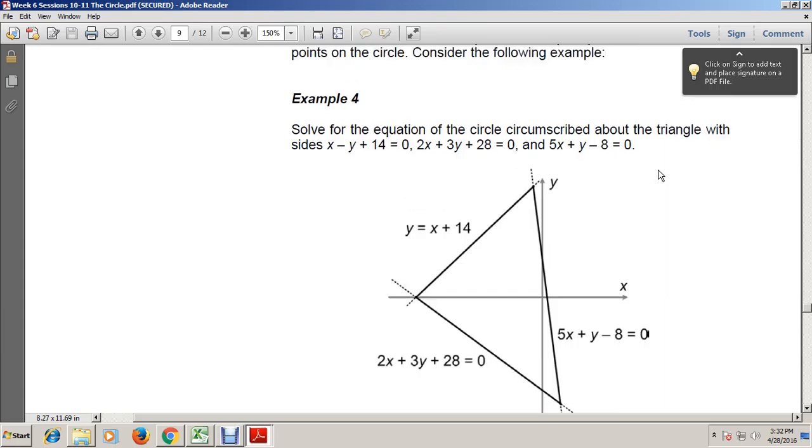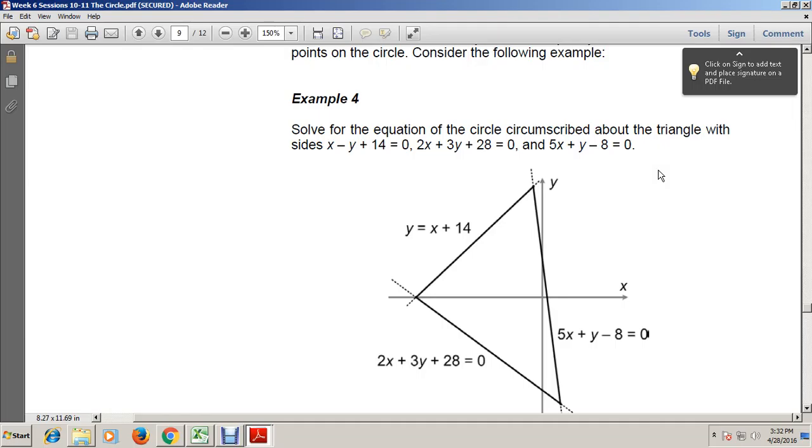Okay, so for this exercise, you are asked to solve for the equation of the circle circumscribing the following triangle, with the corresponding sides equal to the equations of the lines presented here.